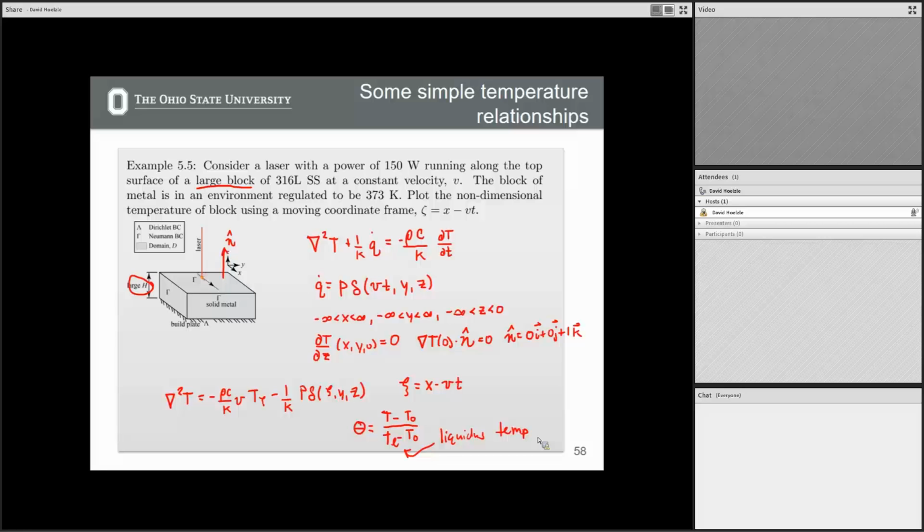Alternatively, we can write T is equal to (TL minus T naught) theta plus T naught, just rearranging that.